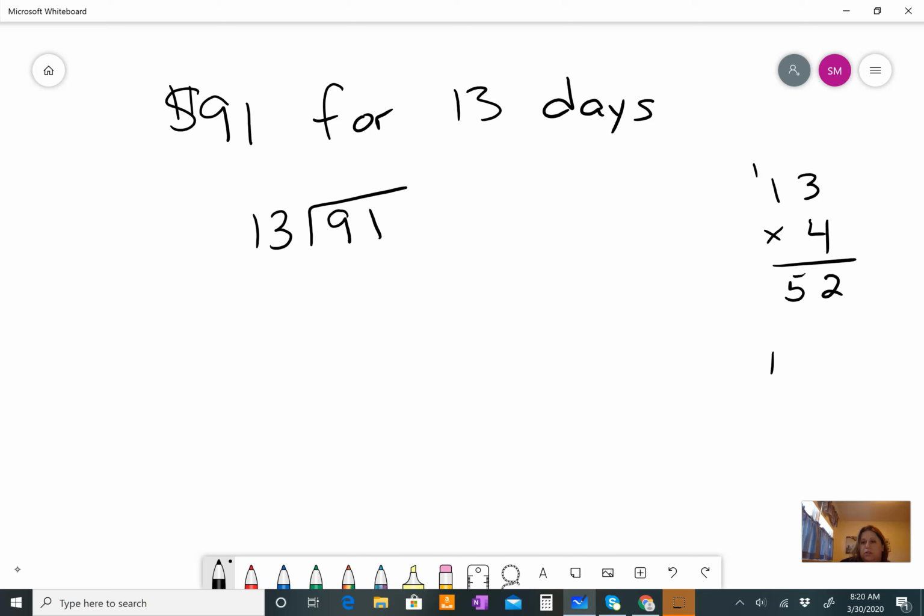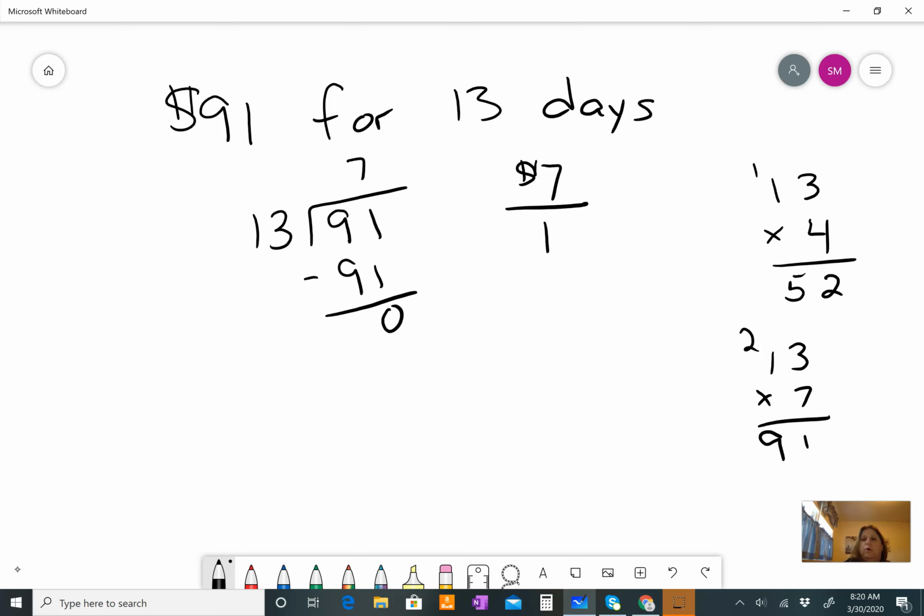Too small. So 13 times 7. 2, oh, look, 91. So I know that goes in there evenly 7 times. So it would be $7 per 1 day.